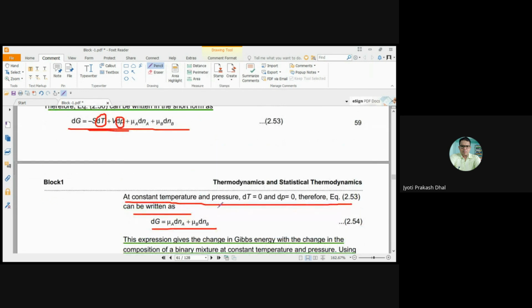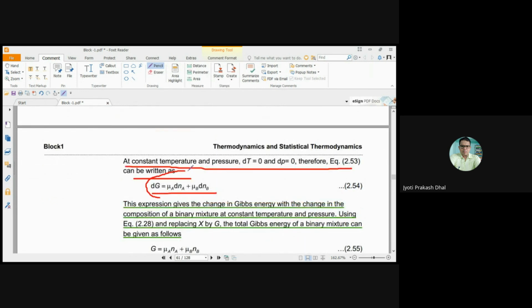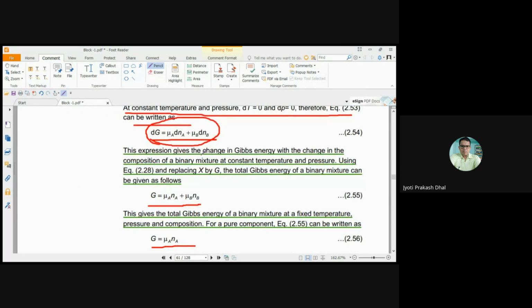So we will find dG equals mu A dNa plus mu B dNb. This expression gives the change in Gibbs energy with the change in composition of a binary mixture at constant temperature and constant pressure, because initially we have considered constant temperature and constant pressure condition.